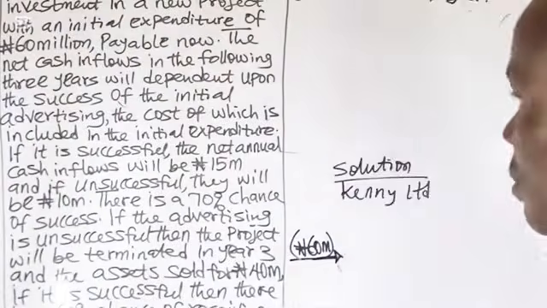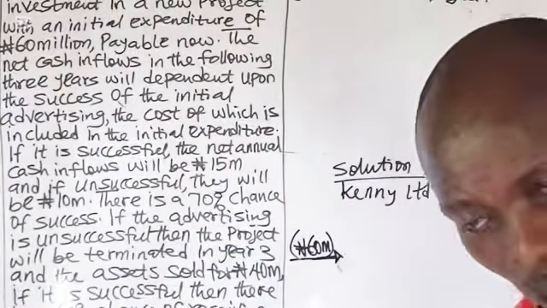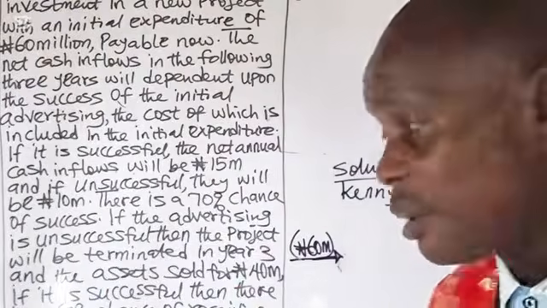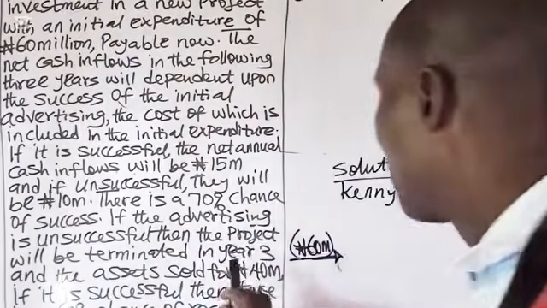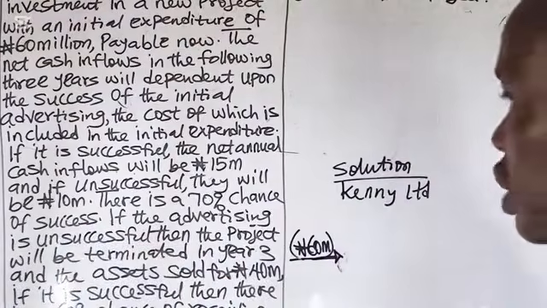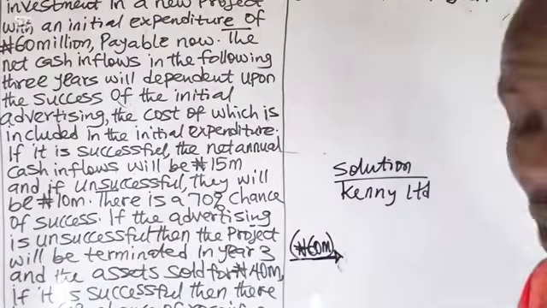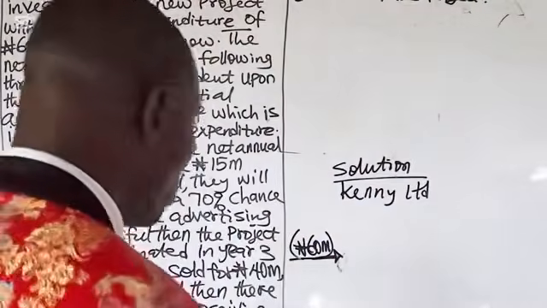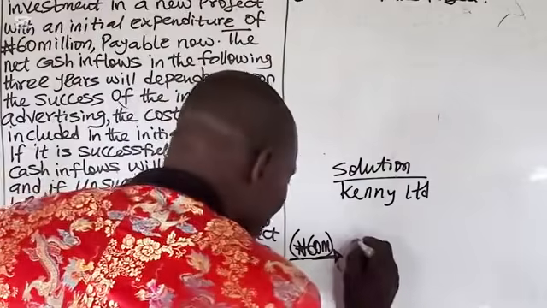There is a 70% chance of success. You are given the probability to be 70%. So since it comes with a probability, that means you are going to use the chance node.